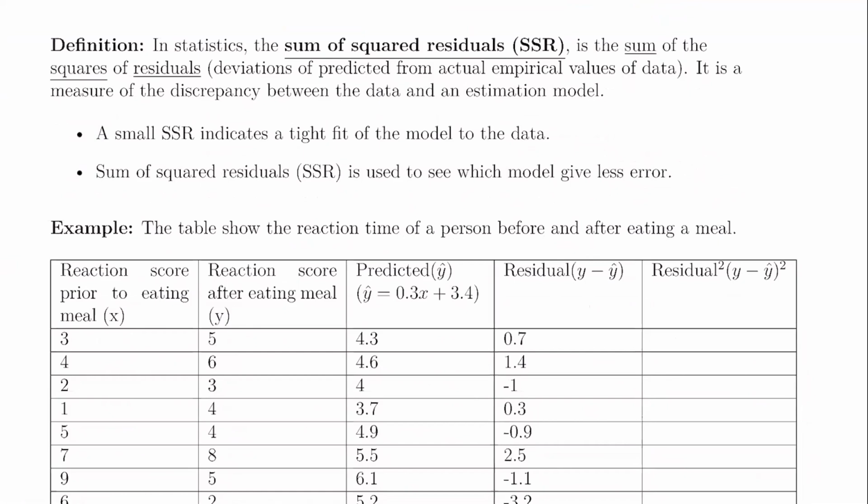Because if this is a perfect model, should we have an error? No, you shouldn't have an error. So if you have no error, that means the sum of square residual should equal 0. So if SSR is equal to 0, we have a perfect model.